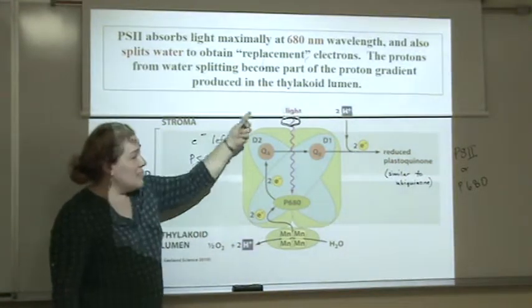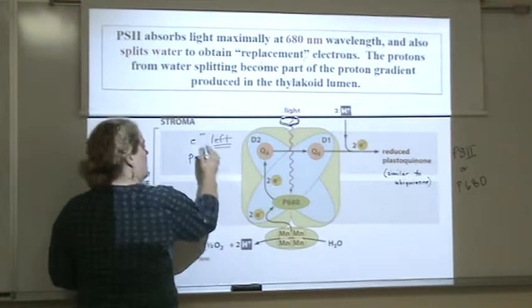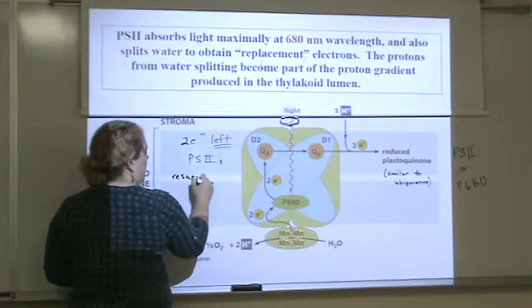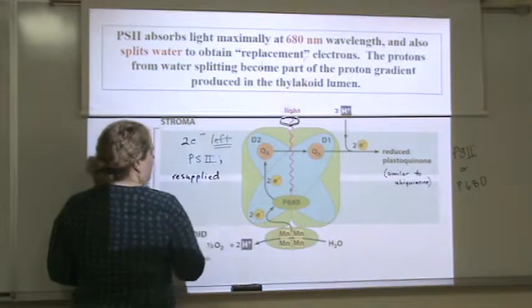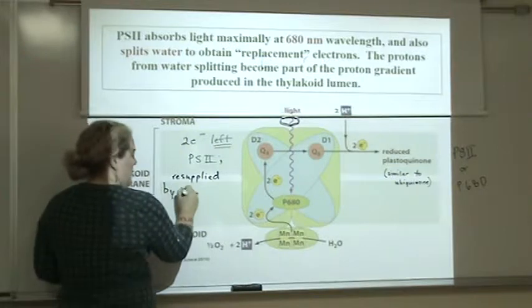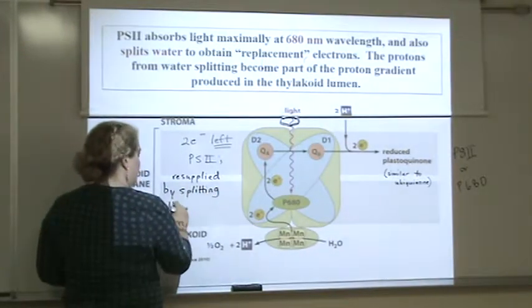And if that process is going to keep happening over and over, those electrons need to be resupplied. And in fact, they are resupplied by photosystem 2 also being able to split water.